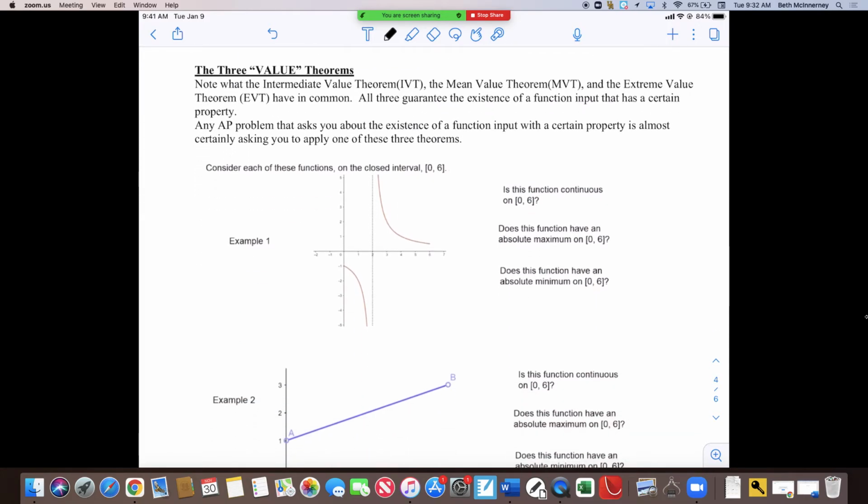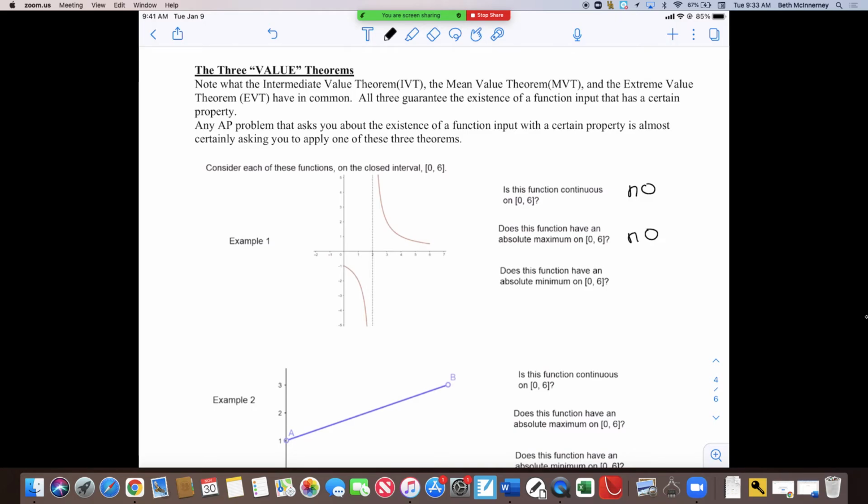It says, consider each of these functions on the closed interval 0 to 6. So in example 1, is this continuous on that interval? Yes or no? No. Does the function have an absolute maximum?